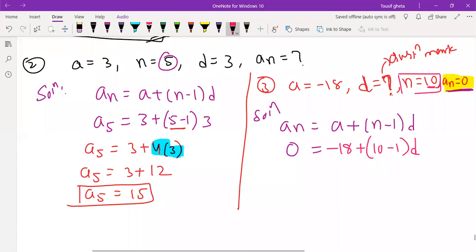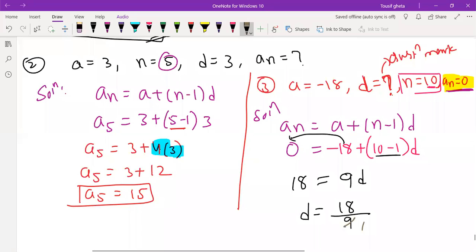So 0 equals minus 18 plus 10 minus 1, which gives 9d. So d is equal to 18 by 9. 9 ones are 9, 9 twos are 18. So d is equal to 2. That's all.